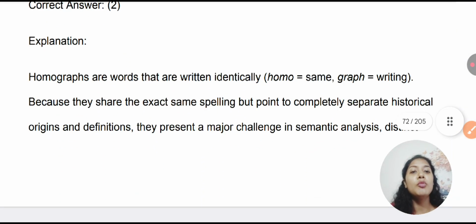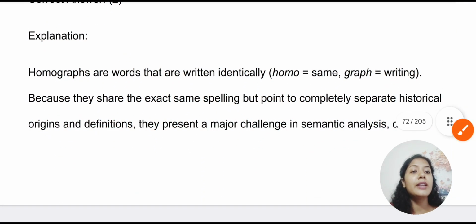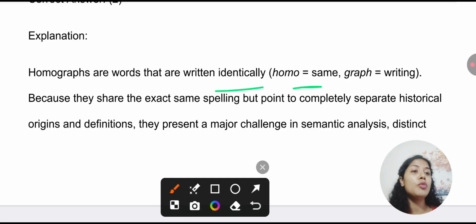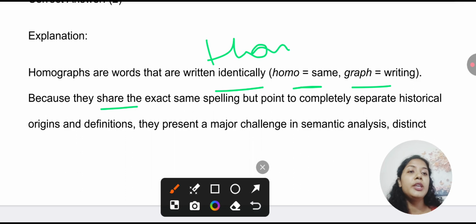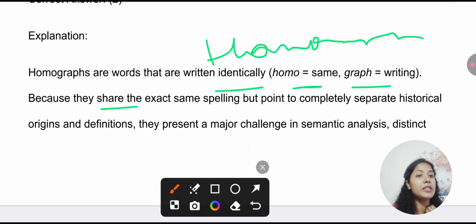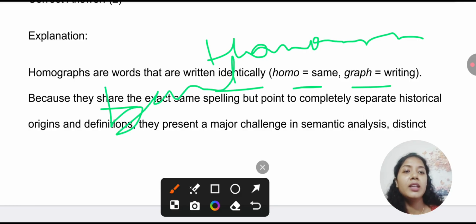Okay, homograph, also words that are written identically, like homo means same, graph means writing, because they share, we also call this homonyms, remember, because they share the exact same spelling but point to completely separate meanings. Similarly, you have taken many examples, like bank, bank of the river and financial bank.